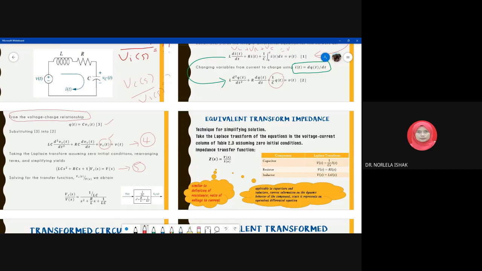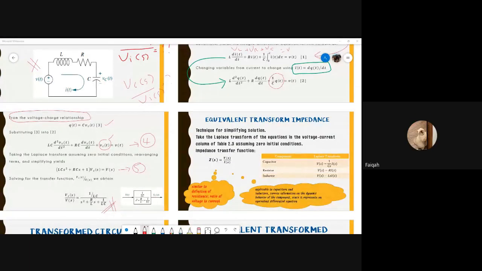You can get VC over V, and then you can obtain this one. This is the transfer function we want to define from this circuit. Okay, class, are you with me? Yes. Okay, very good.